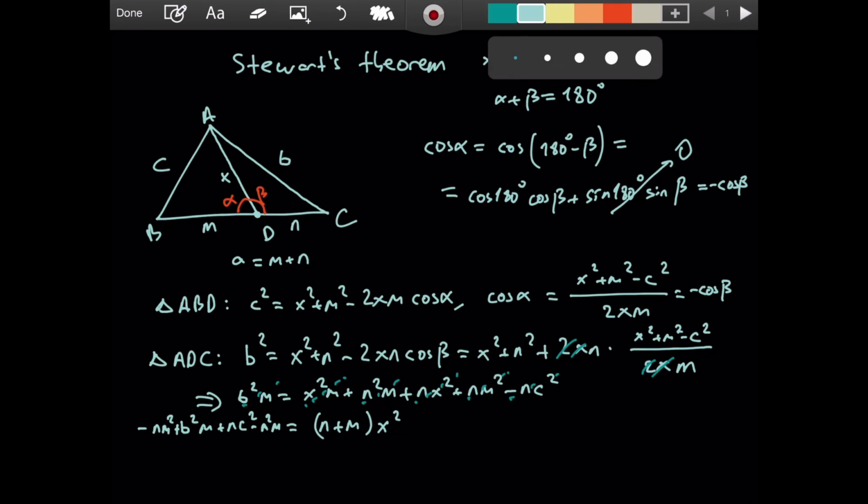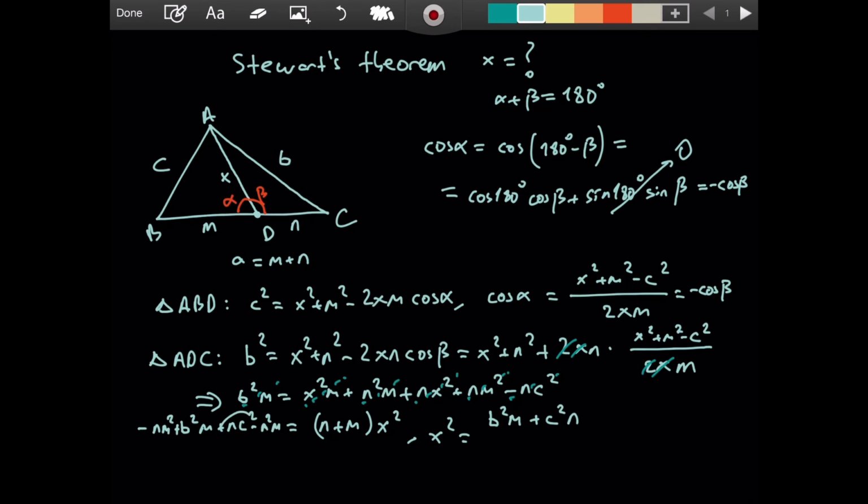Now, if we solve for x squared, then what is x squared going to be? We have b squared m plus c squared n, right, this term. That is going to be divided by n plus m, and then a minus.